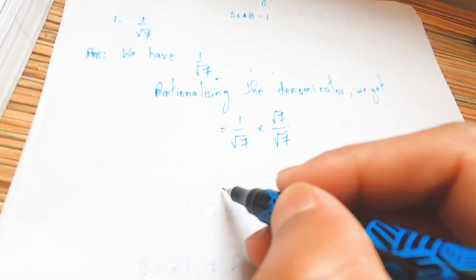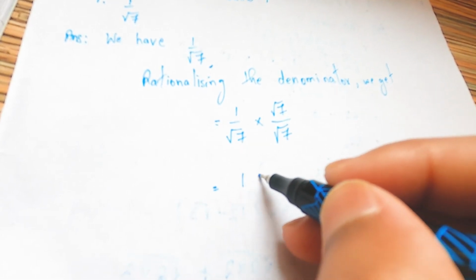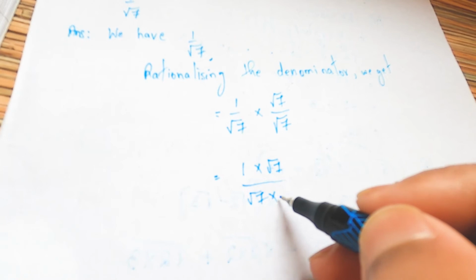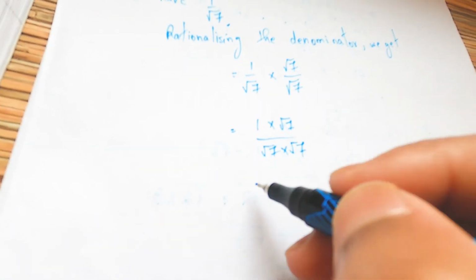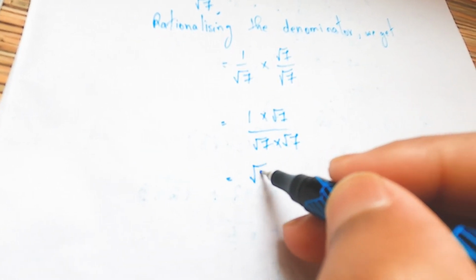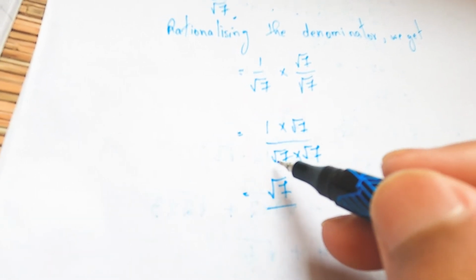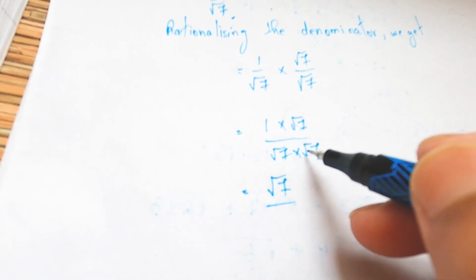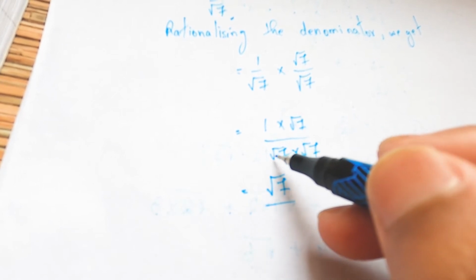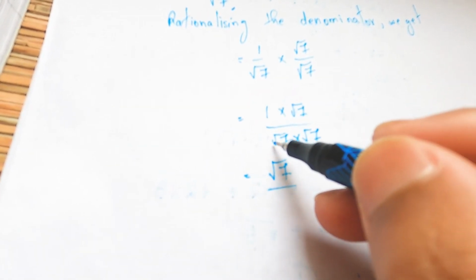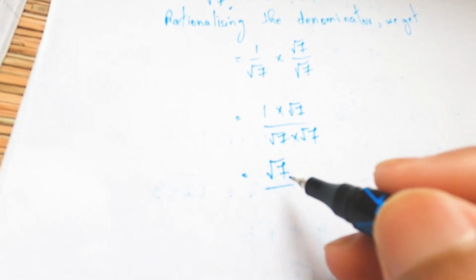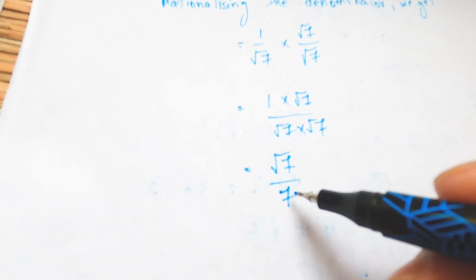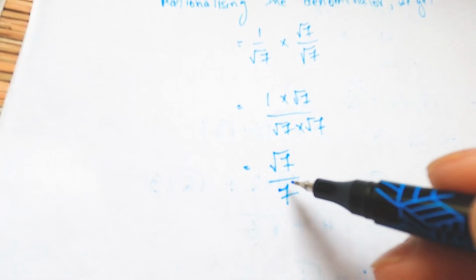In this case, it will become 1 into root 7 by root 7 into root 7. So it will be root 7 by, now root 7 into root 7, what will happen? Root and root will get cancelled, and the denominator will change to 7.